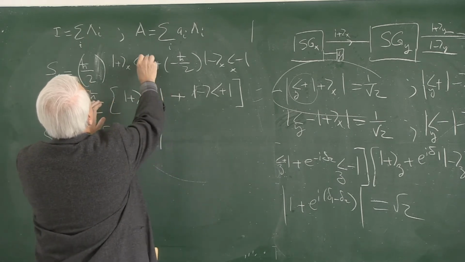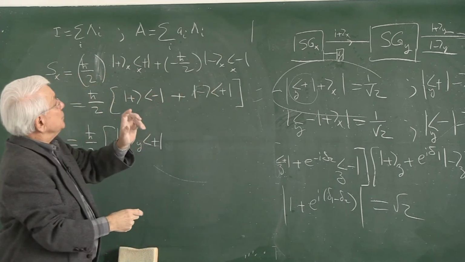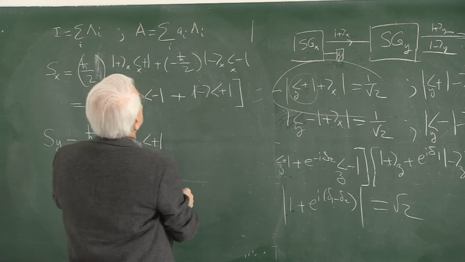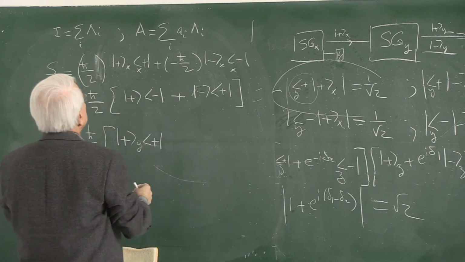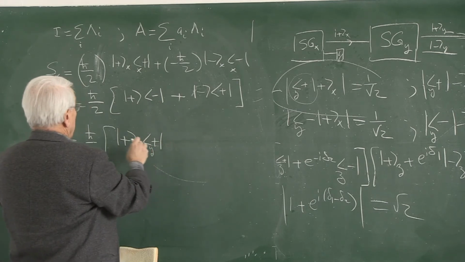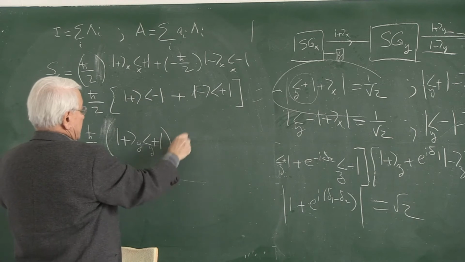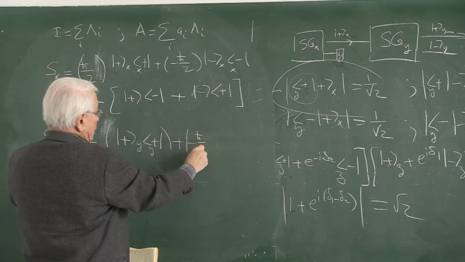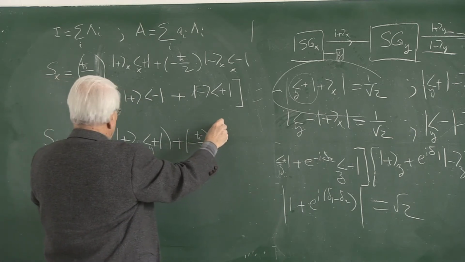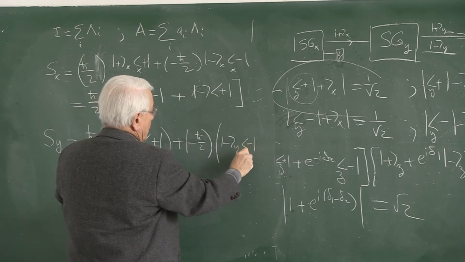I'm really sorry, I correct this: plus y, plus y, minus y, minus y, because those are the projectors, right? Fine. Again, let's be pedantic: plus, minus h bar over 2, minus y, minus y.